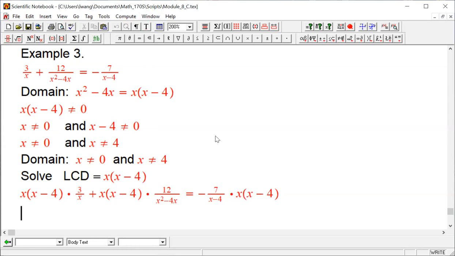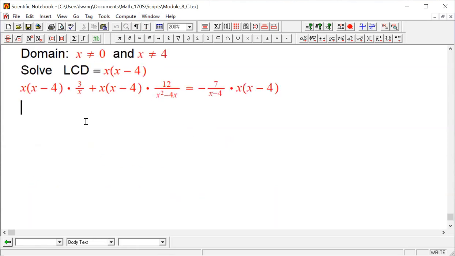And then we're going to simplify. x and x reduce, so the first term, we would just have 3 times x minus 4. And plus x times x minus 4 is the same as x squared minus 4x. So this part we just have 12 equals to x minus 4, and x minus 4 reduce. On the other side, it's just negative 7x.